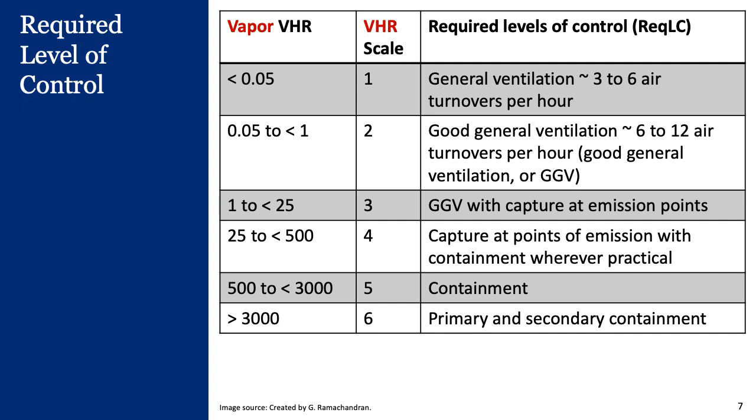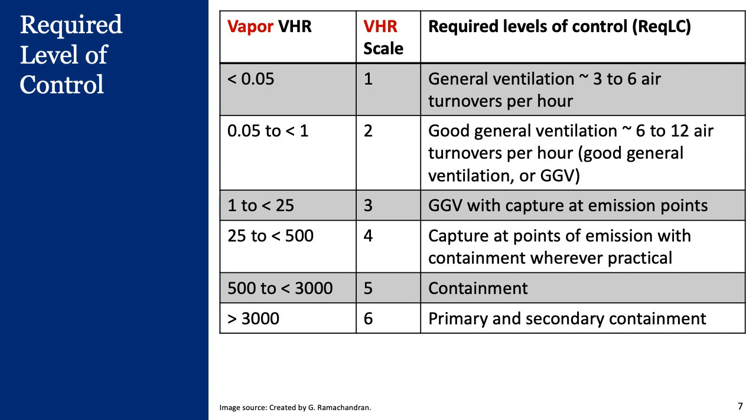If the vapor hazard ratio is between 0.05 to less than 1, that's the second level in the VHR scale. And this means the required level of control is good general ventilation, meaning 6 to 12 air changes per hour. And this is denoted by the acronym GGV, good general ventilation.